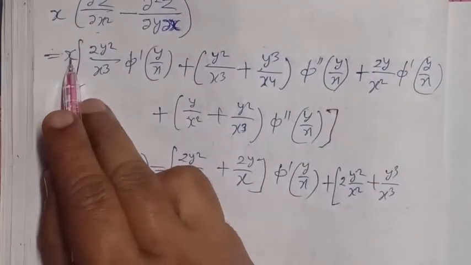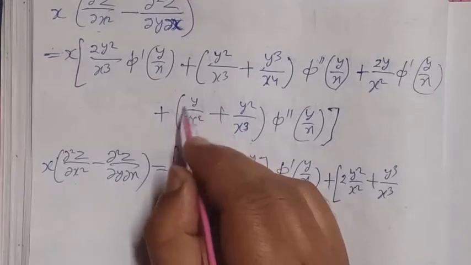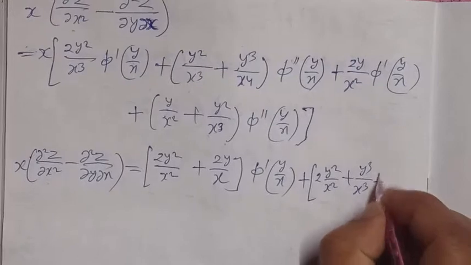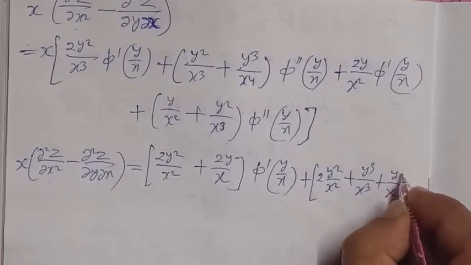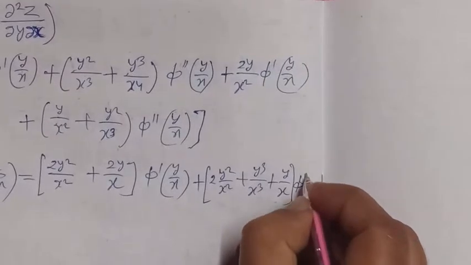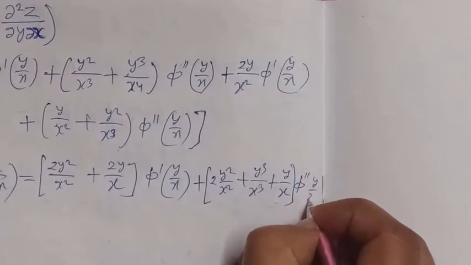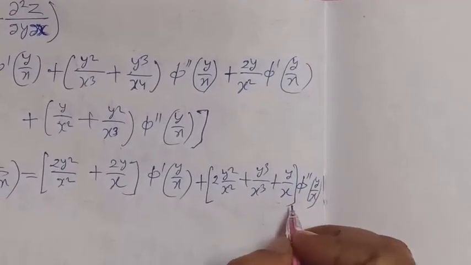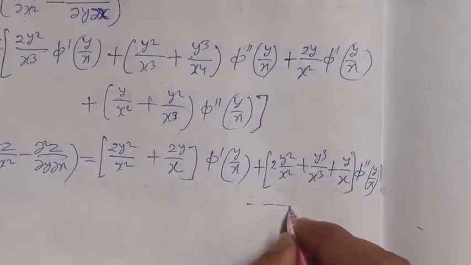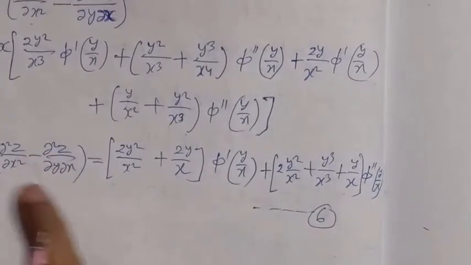I multiply x here, x cancels to power 2, only y upon x, which is the coefficient of φ double dash y upon x. I write this as equation number 6, which is the left hand side.